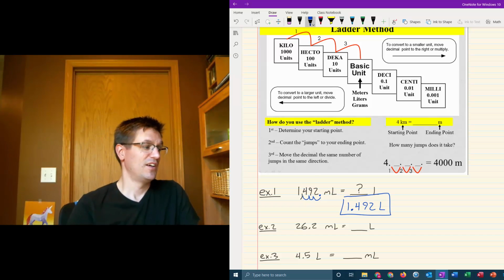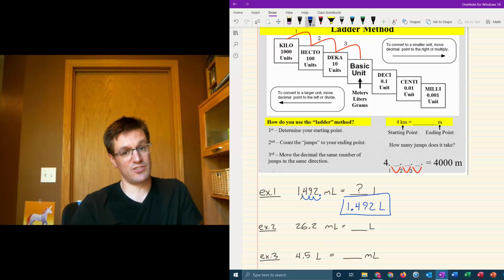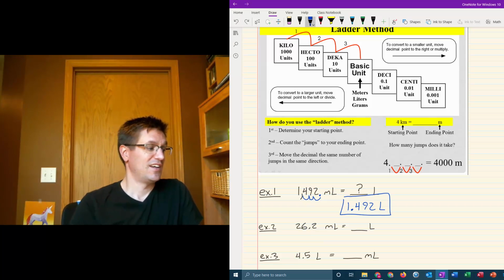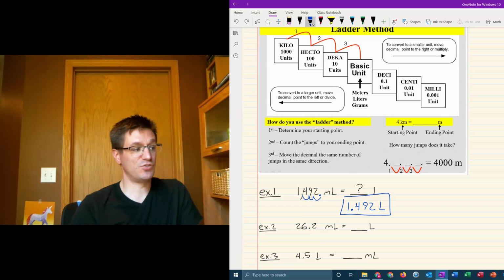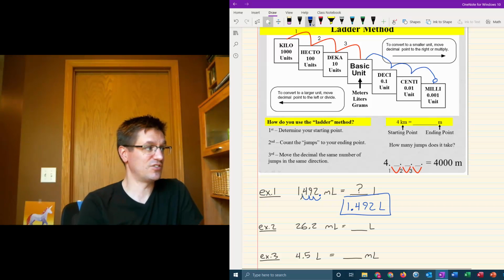Let's do another one. 26.2 milliliters. This one I already have the decimal point right here, so that's convenient. And again, I'm going from milli to liters. So once again, I start here, and I'm going to go 1, 2, 3 steps up to liters.